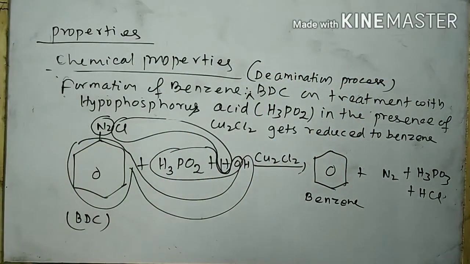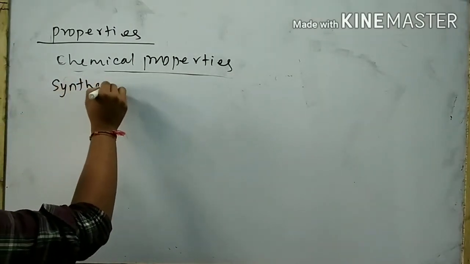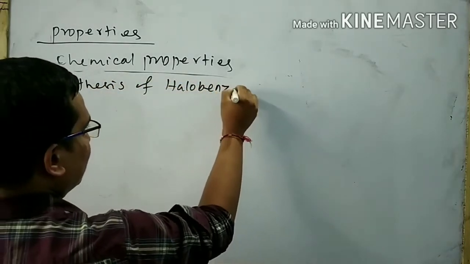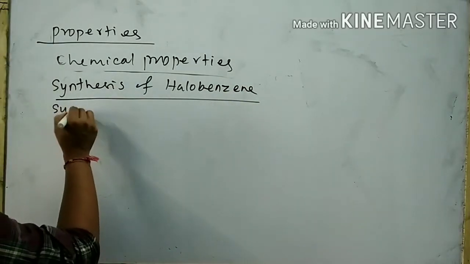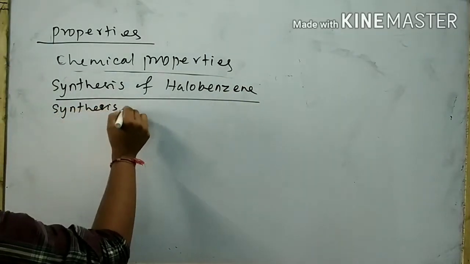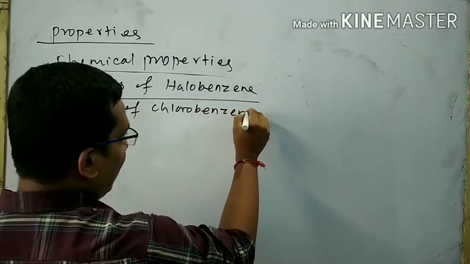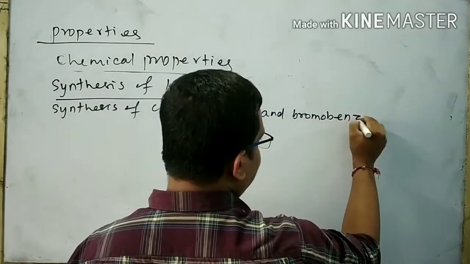This is the method of preparation of benzene from BDC. Next I will discuss the synthesis of halobenzene. At first I will discuss the synthesis of chlorobenzene and bromobenzene.